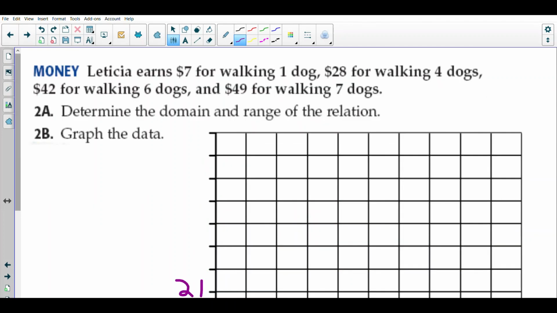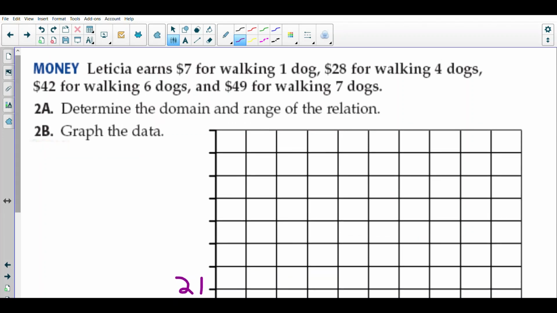Alright. Letitia earns $7 for walking one dog, $28 for walking 4, $42 for walking 6, and $49 for walking 7. Determine the domain and the range. So we got to look for what determines what. So what she's going to deal with is how many dogs she walks. So her domain is the number of dogs she walks.